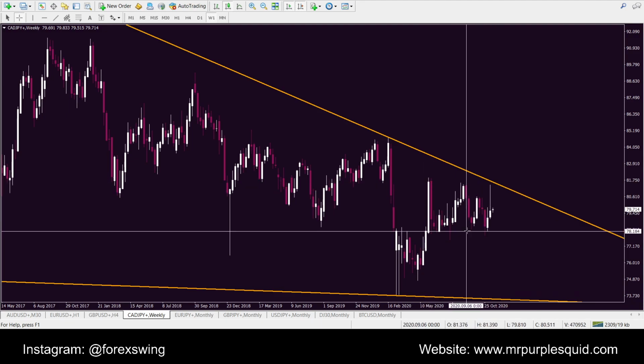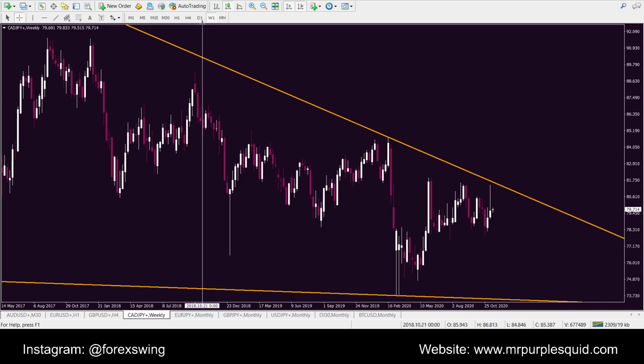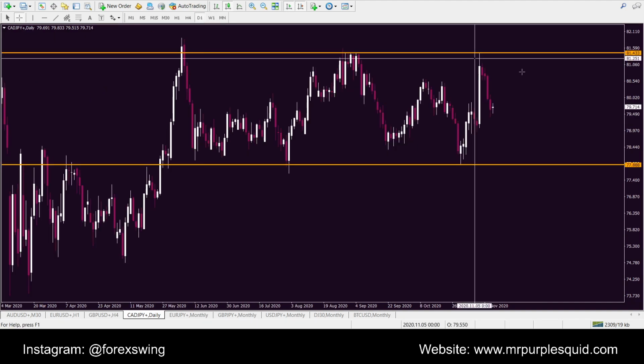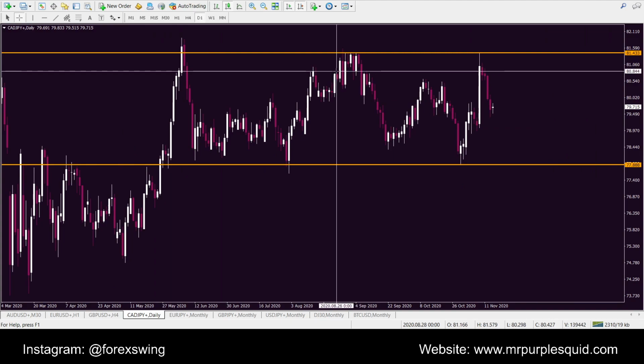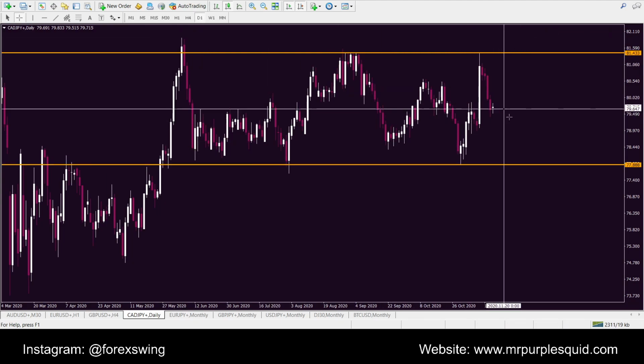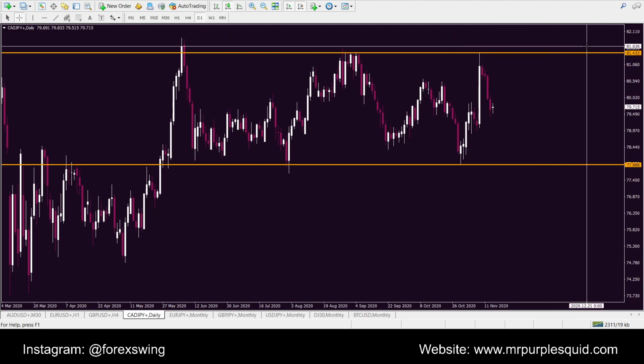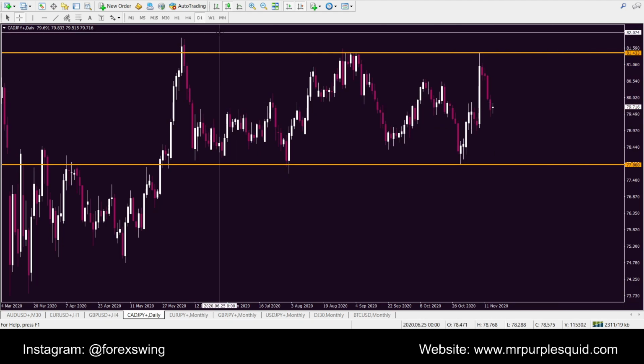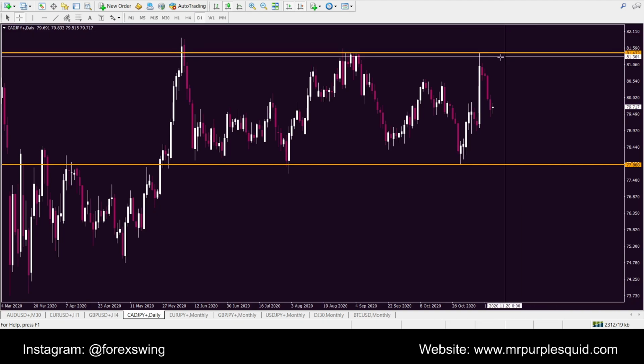Resistance, support. There we go. So resistance, support. Price is bouncing up, moving sideways in this. So usually I would just wait until we get a break, but this is the daily.